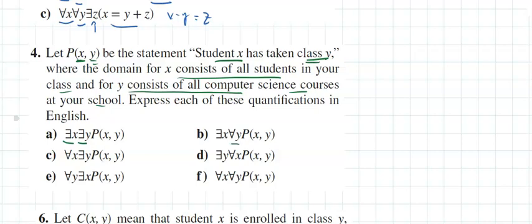Versus if you just change that right there. So remember, x will be all the students, x has taken this class y. The domain is all students in the class, and this is all computer science classes. So B says, there is a student in your class who has taken every computer science class.